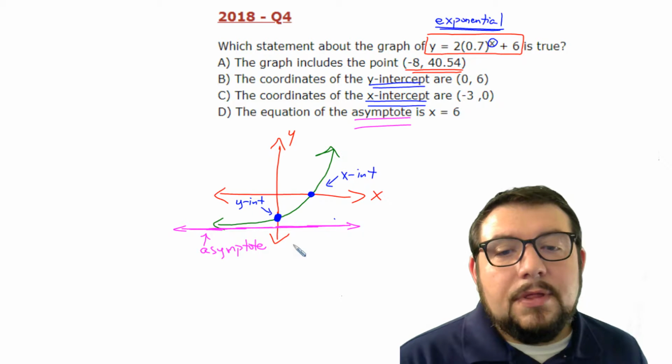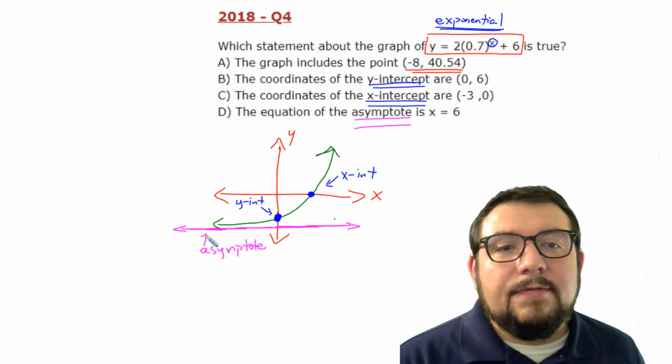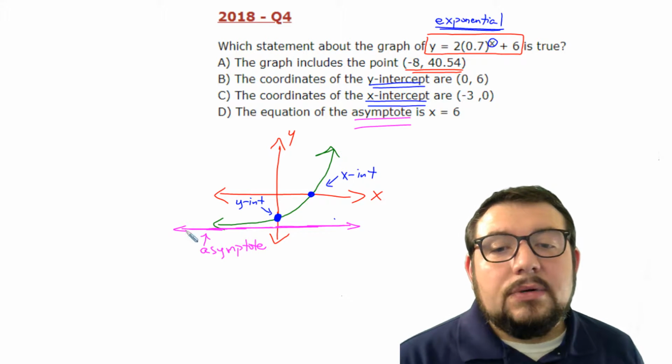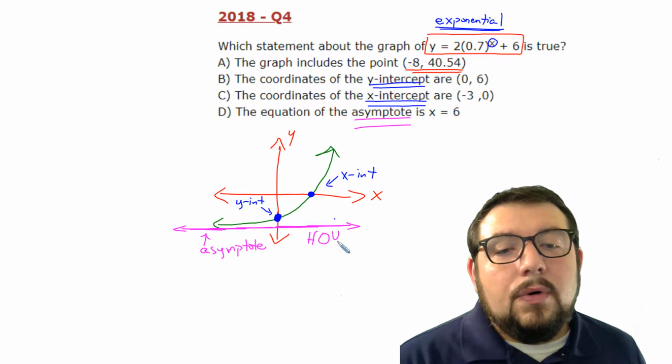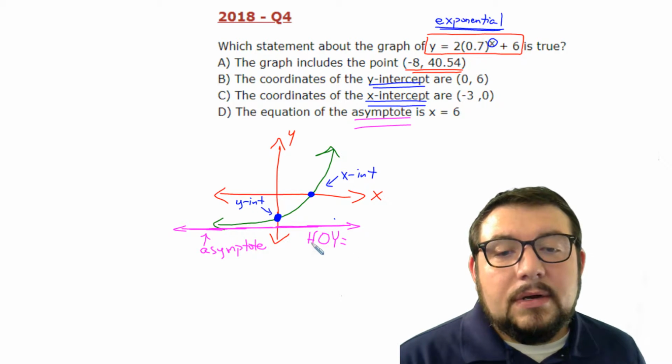Now, the most important thing to know about the asymptote is that it is a horizontal line for an exponential function. A horizontal line follows our old rules of y equals. So horizontal, zero slope, y equals.